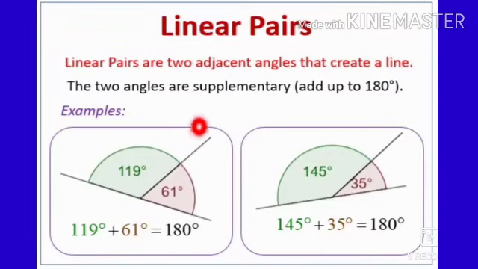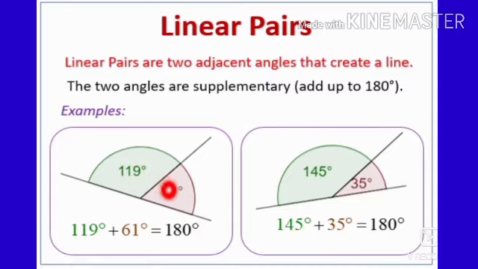Now let us see the definition of linear pairs. Linear pairs are two adjacent angles that create a line. So the two angles are supplementary. If two adjacent angles are supplementary, then this pair of angles are called linear pair of angles.